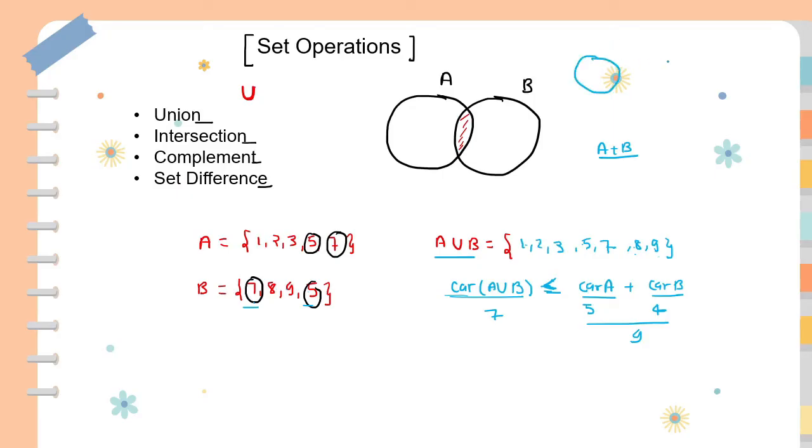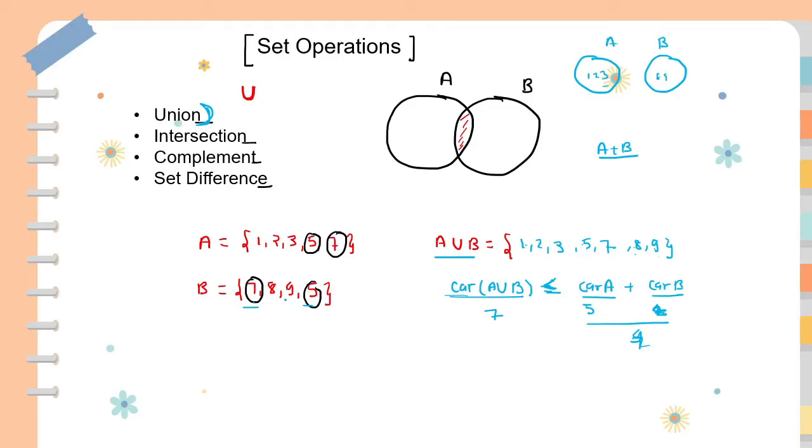If they are both disjoint, say A has 1 2 3 and 5 7 and B has only 8 and 9, then A union B gives 1 2 3 5 7 8 9, which is 7. So you have to remember this point about the cardinality of the union: it is always less than or equal to the summation of the cardinalities of the individual sets.